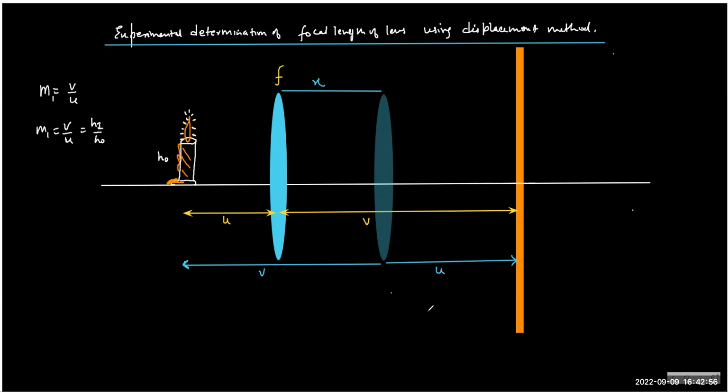So for the first image formed, M1 will be V by U, which is the first image size H1 upon HO. H1 is the size of the first image. But the second magnification will be exactly the reverse, diminished.